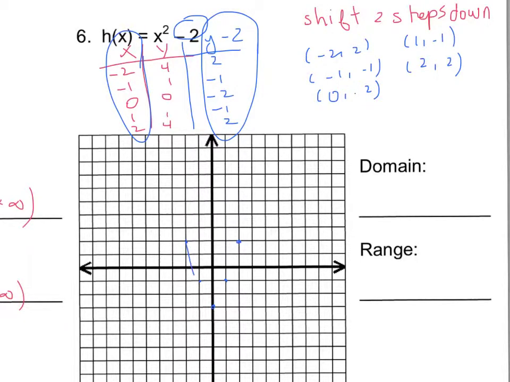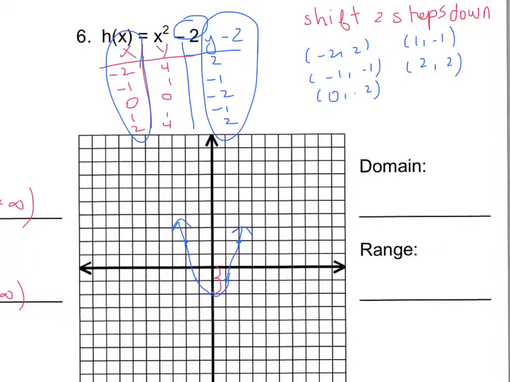So this is going to be my new function. As you can see, it did move 2 steps down. So the shift is 2 steps down.